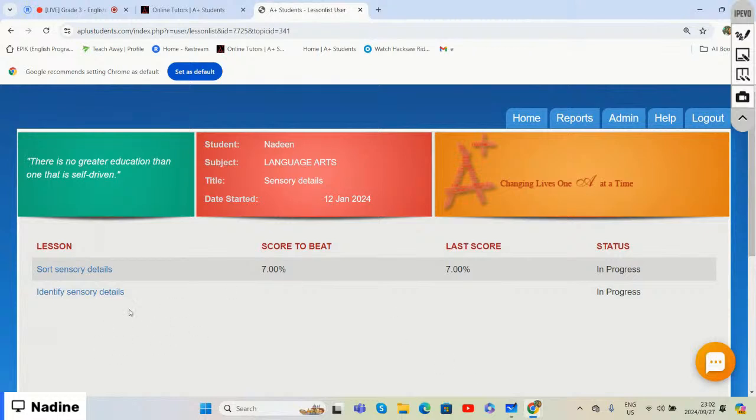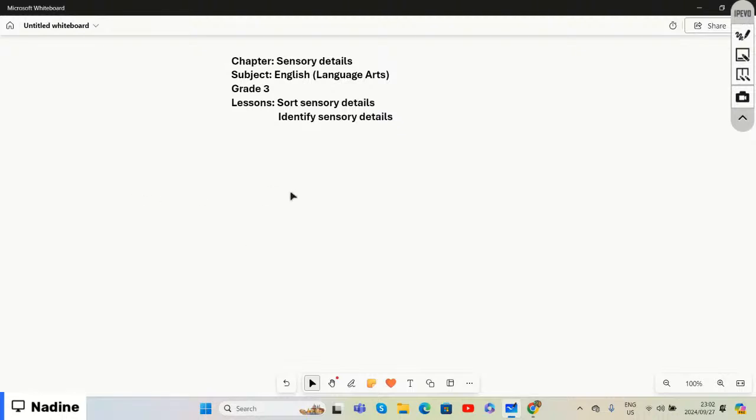So the chapter is sensory details. Our subject is English language arts. We're doing grade 3.